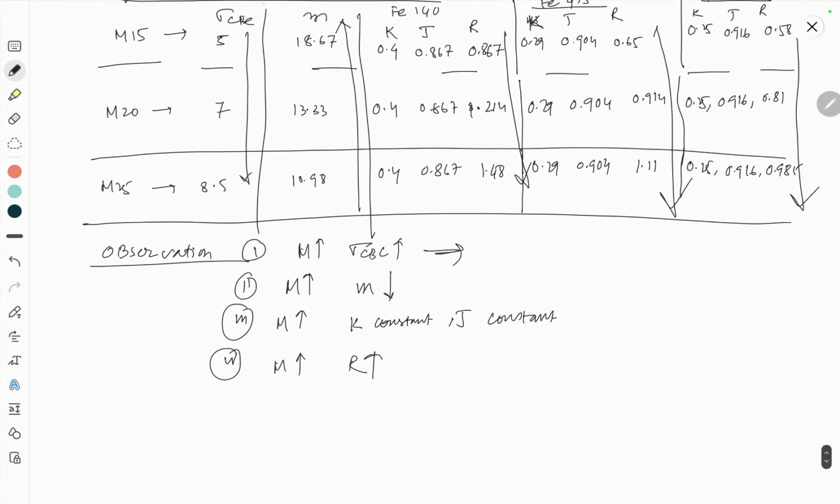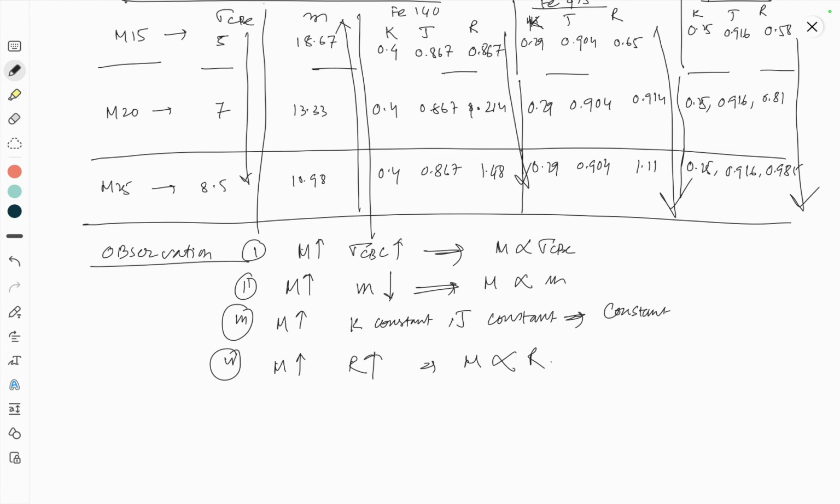So from here I can write that M is proportional to sigma cbc, M is proportional to the modular ratio, these are all constants so we can avoid them, and M is proportional to R. So these are a few observations which are very interesting and important for you.